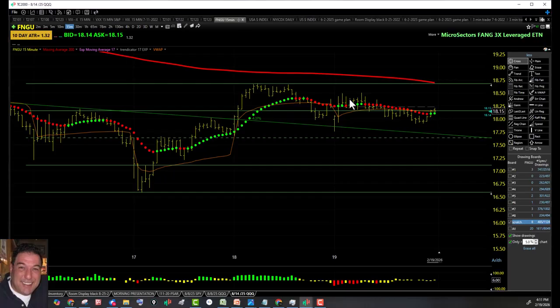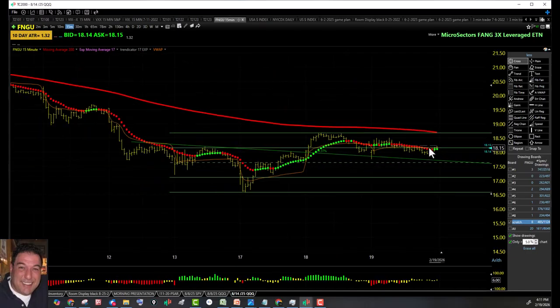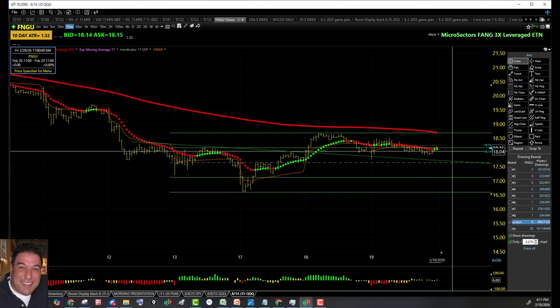We have made a higher high here. So we have a lower high and a lower low. So we're still in an uptrend on the FNGU 15-minute. Still up in the upper third right here. We're closing in the upper third. They're just barely hanging on to it by chin hairs.